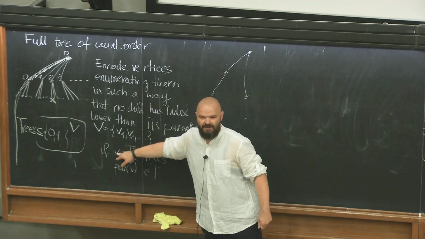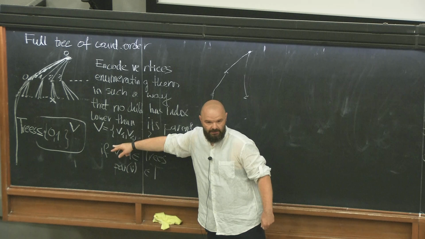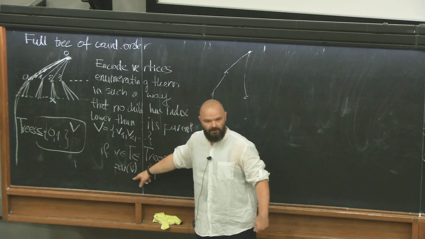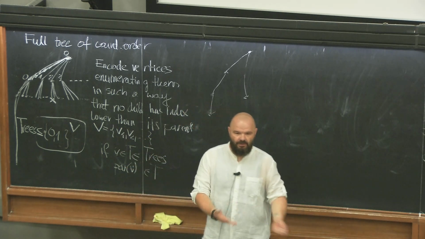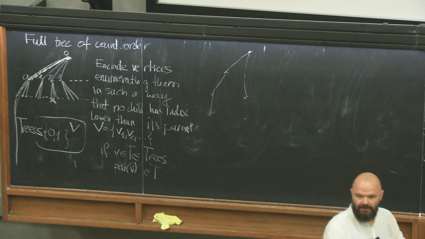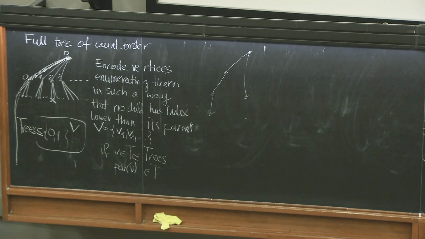If I have a vertex in my limit sequence, then the parent of this vertex also has to be in my limit sequence with 1. But my vertex has a finite number in my enumeration, and trees are coming to me.